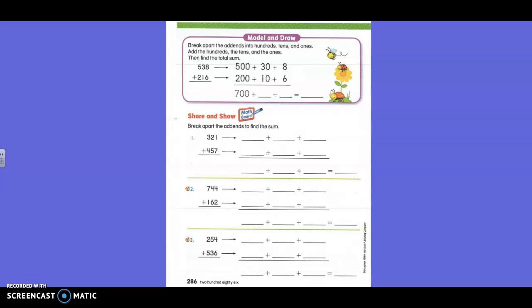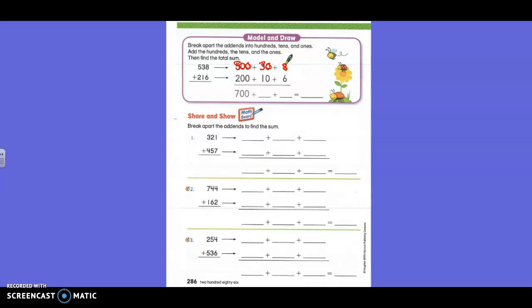But it can answer a question if you're wondering why we add the way we add when we stack and add. They're breaking apart 538 into 500 plus 30 plus 8, like we did on the front. You remember how we did that on the front? So it's 500 plus 30 plus 8.